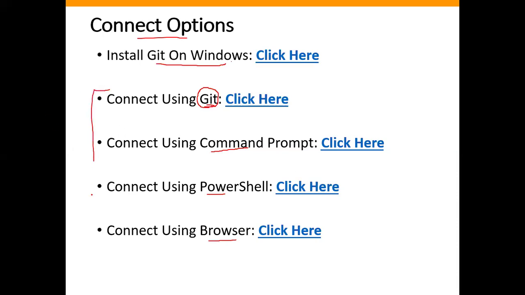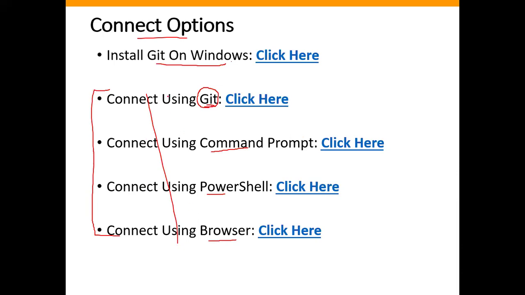So there are four more ways you can connect to your Linux EC2 machine, and I have given all the ways here. When you're practicing, once I upload this PPT, please check these links. You will get information on how you can connect to your machine. With PuTTY, I have already shown you. The other four ways you can learn by yourself.